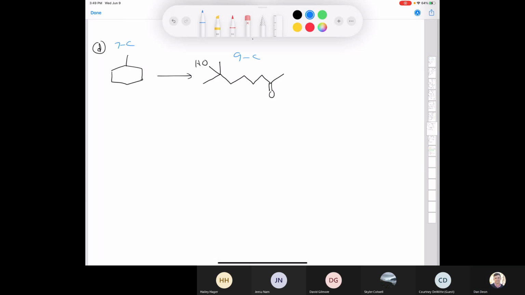So I can see that I've got a couple of methyl groups here, right? I have a methyl group here, I have a methyl group here, here, and here. But I also have a methyl group in the initial compound. So for my retrosynthesis, I think about, what if I had just added these 2 methyl groups at the end? Could I do that last?